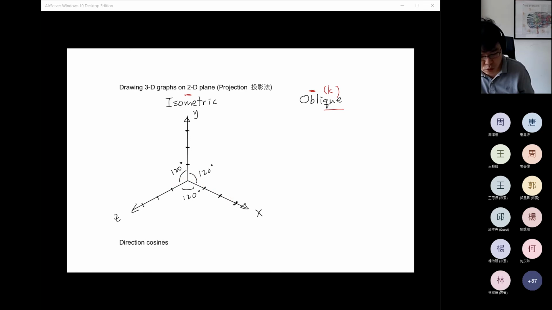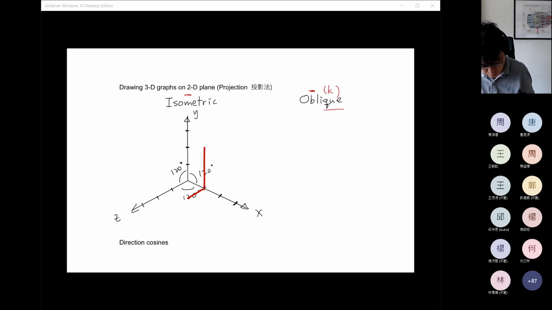So if we want to draw a column of 1 times 1 times 2 units, we draw it like this. Let's say 1 times 2 times 1.